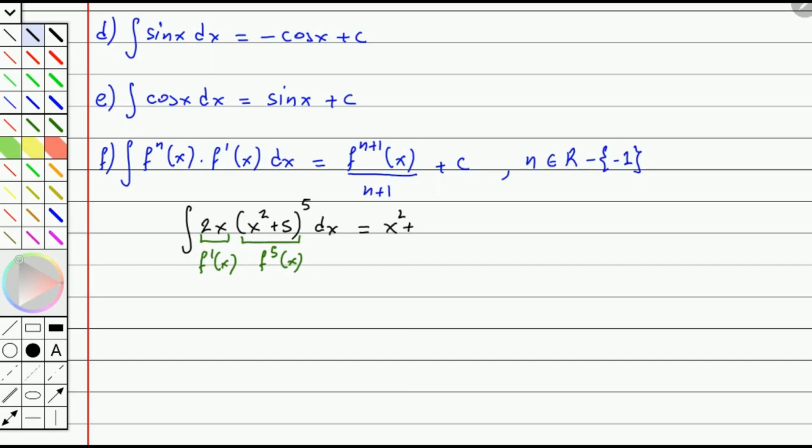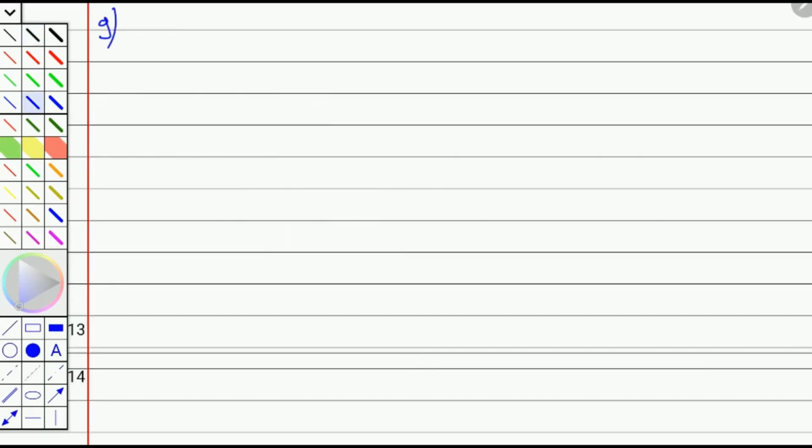It equals x squared plus 5 raised to the 6th divided by 6 plus c. G, if we have the integral of f prime of x over f of x dx, this will give us ln absolute f of x plus c.